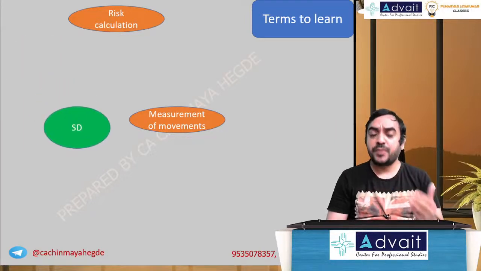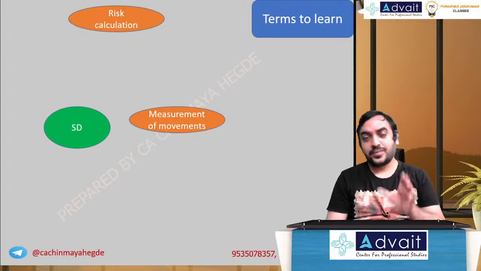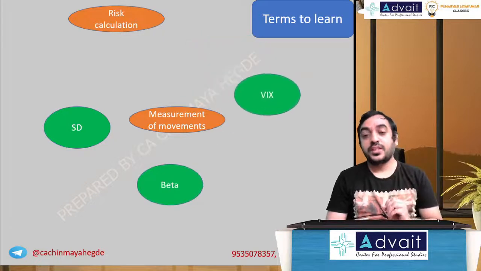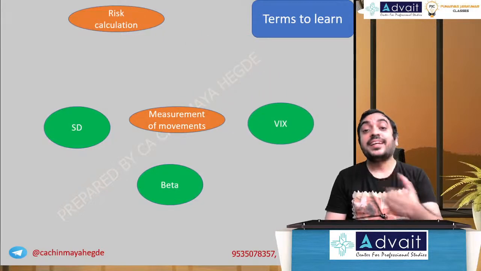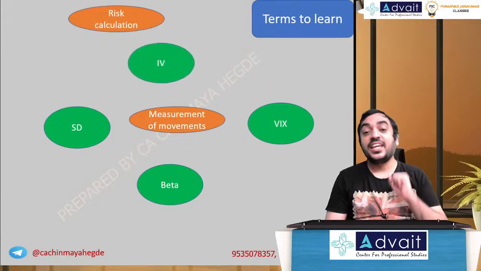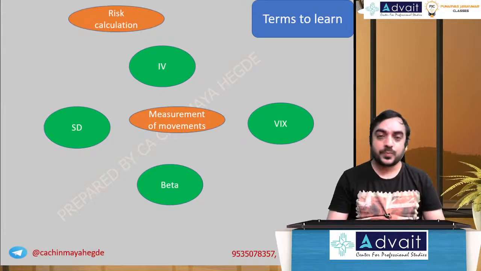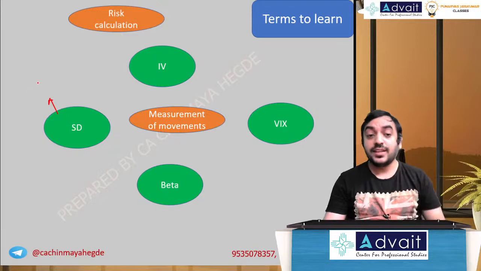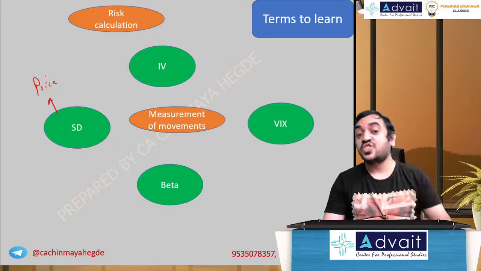It is measured by parameters like standard deviation, beta, VIX, volatility index, and IV, implied volatility. Standard deviation is based on the stock price.